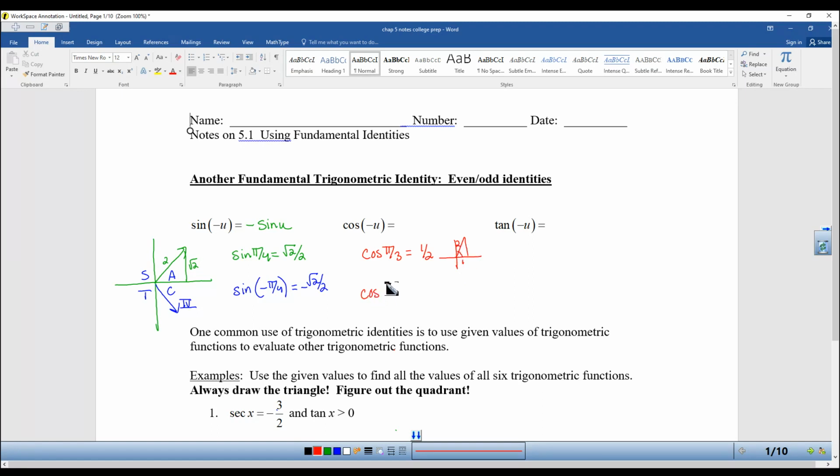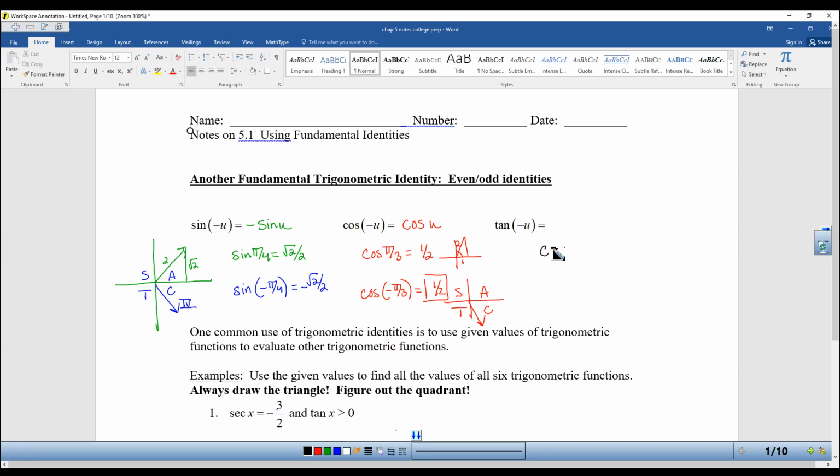If I want to know the cosine of negative pi thirds, the reference angle is still pi thirds, so the main ratio is still 1/2, but you would have to determine the sign. Well, since negative pi thirds is in quadrant 4, and cosine is positive in quadrant 4, the answer is still going to be 1/2, which means that this rule is that cosine of negative u is the same as cosine of u.